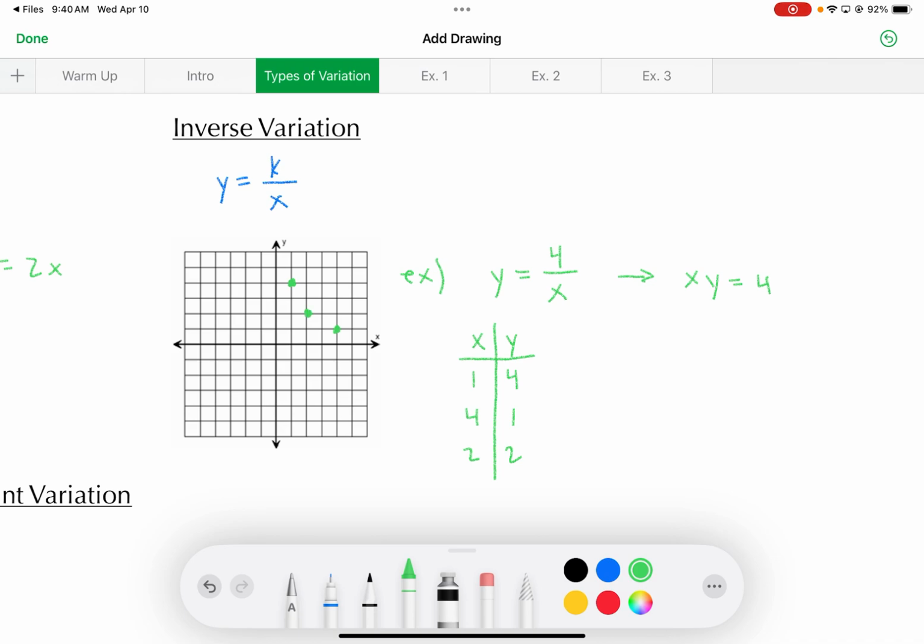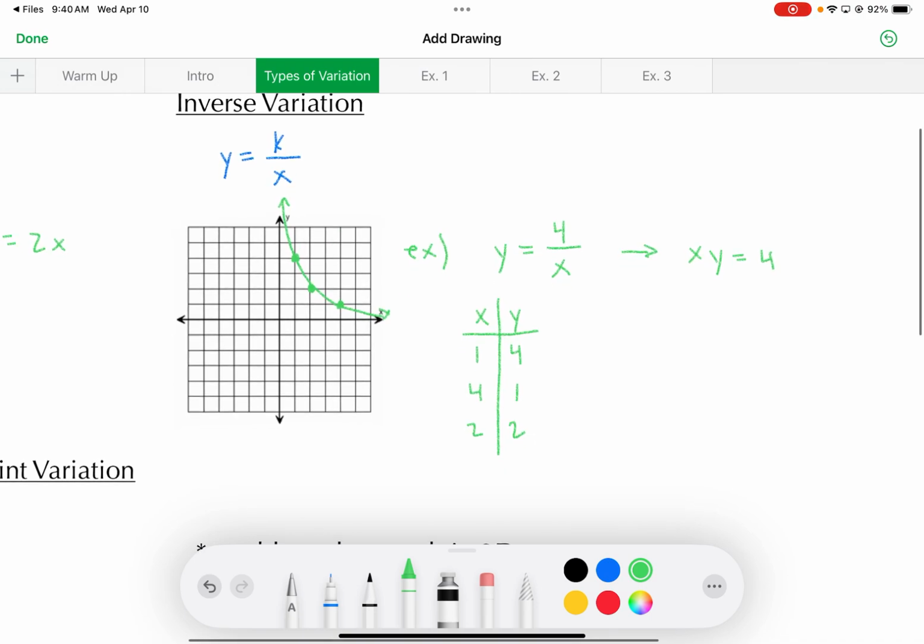Okay, now we could continue this with other pairs of numbers. And if we did, we would see this kind of pattern to the points. Okay, now that's only half the graph though.